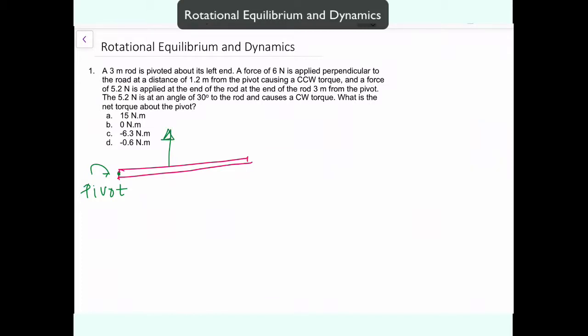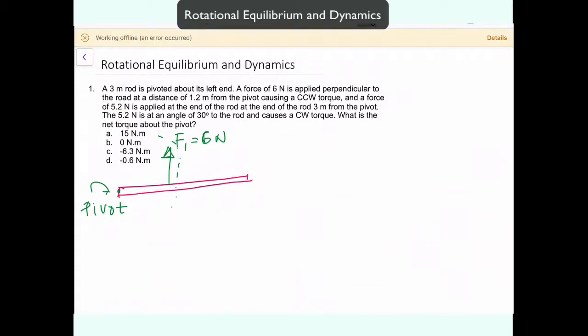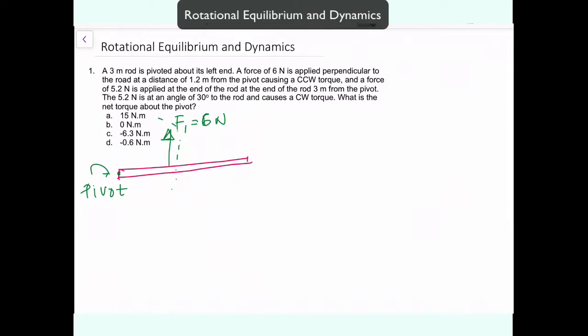You can call this F1, which is equivalent to 6 Newton. Why is it up? It's because it's causing a counterclockwise rotation like this.